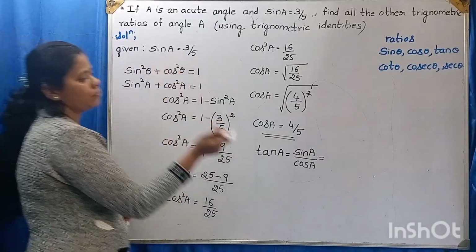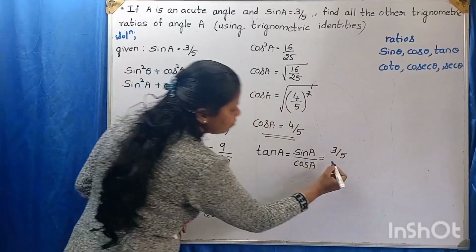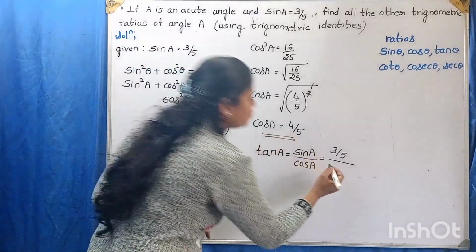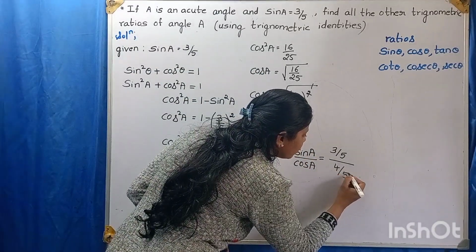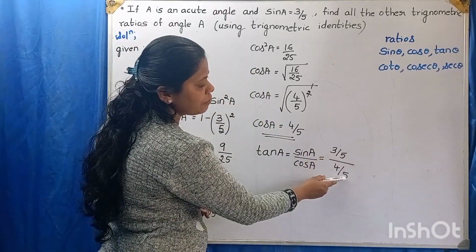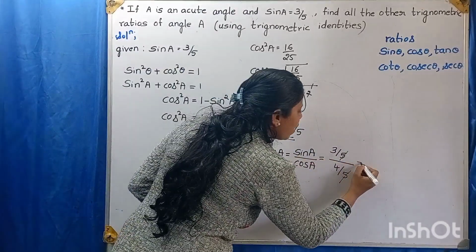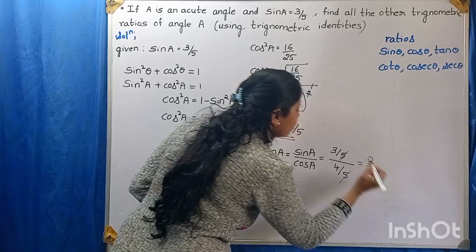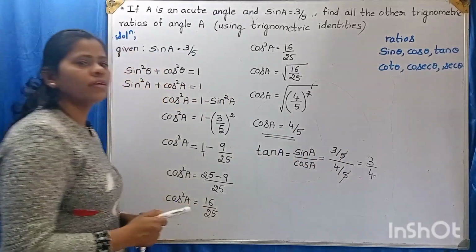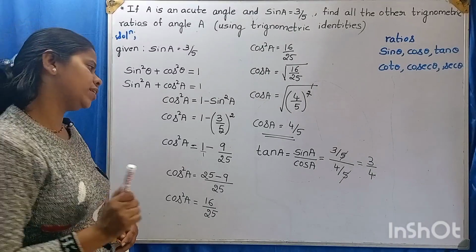That is 3 by 5, divided by cos A, which is 4 by 5. Now look at this. This 5 in the denominator and this 5 in the denominator will get cancelled. Then what is left? 3 by 4. Therefore the value of tan A is 3 by 4.